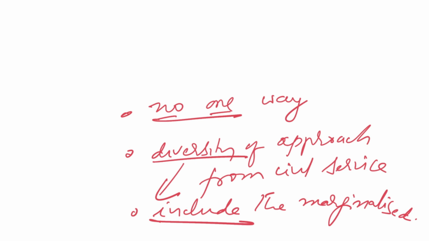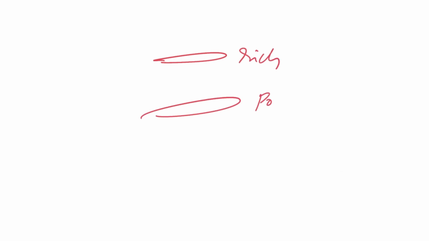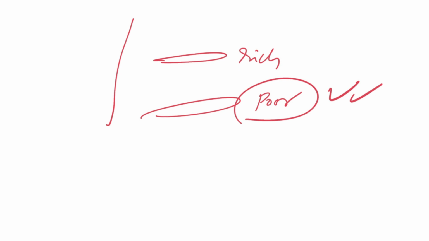So which means, and then here he says that when there are unequals, rich and poor, how should the rules be? Rules should be in a position to help in a proactive way the poorer people.